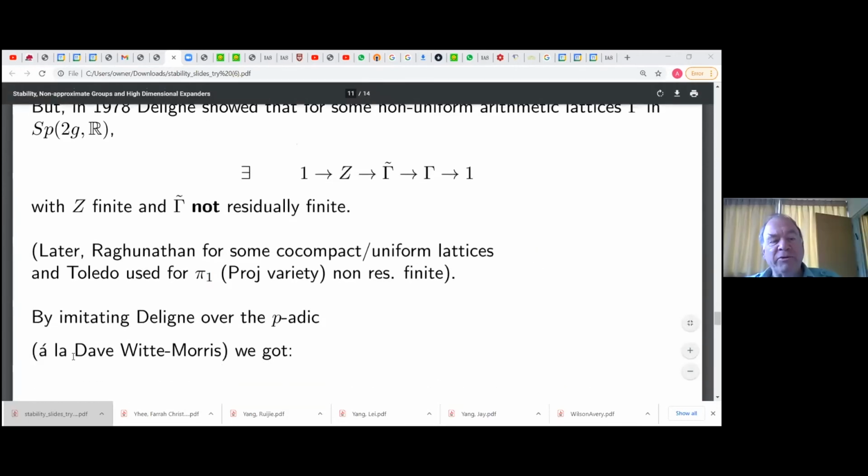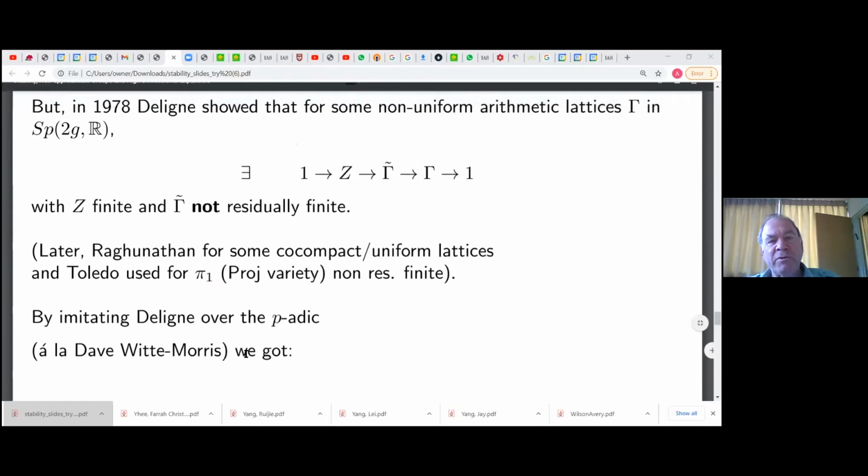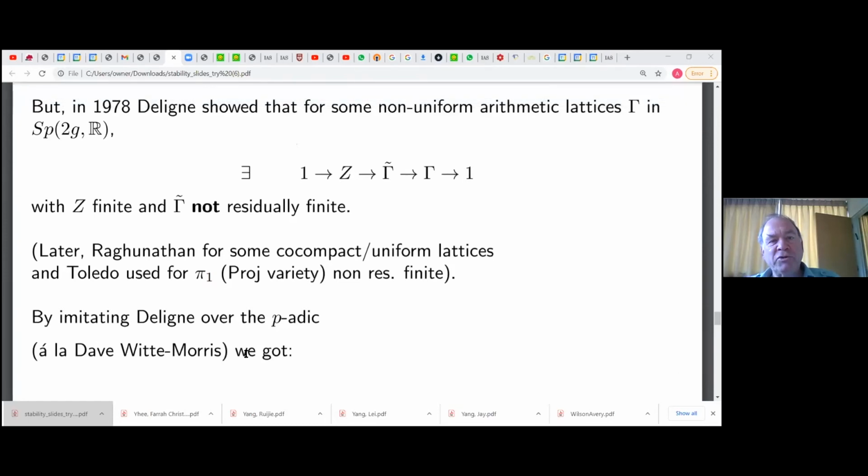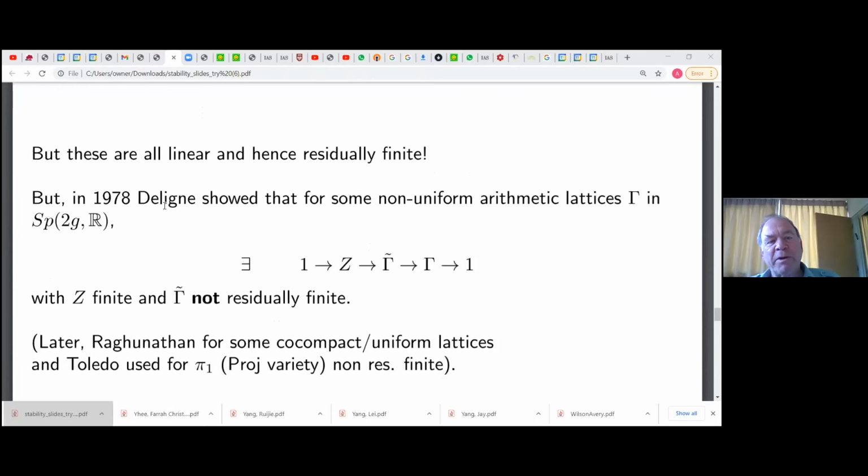Here I want to give credit to Dave Witte Morris. Some of you may know him. Just to show that it's helpful to be kind. I had a lot of difficulties reading the paper of Deligne and understanding this proof, and not only because it was in French.